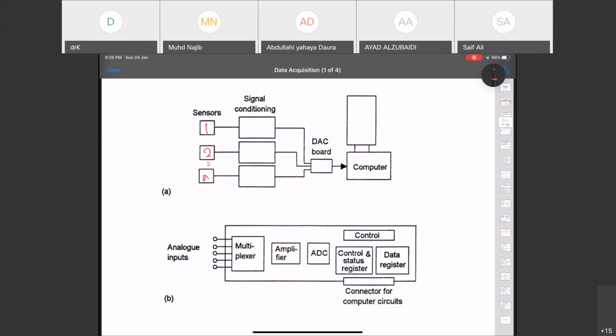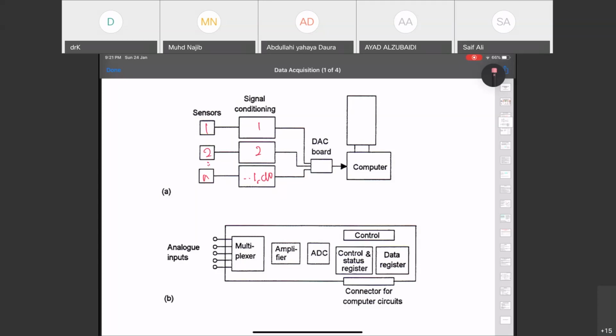You can have up to thousands of sensors, up to 1,000 conditioning boxes, and this is the digital DAQ board. Then it goes to the computer. So this is some kind of data integrator where you have signals from multiple sensors. This is the A diagram.